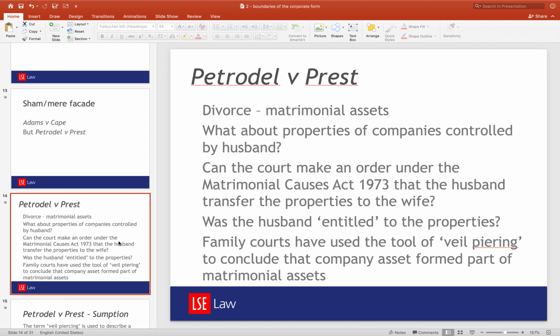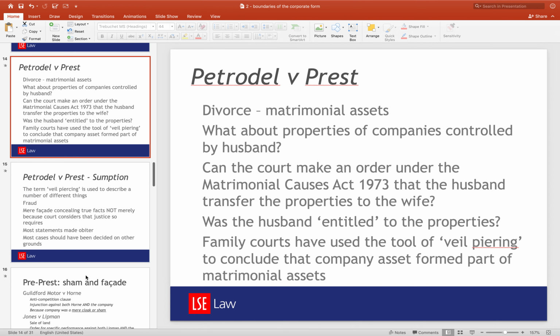And for that to be the case, the wife had to show that the husband was entitled to the properties. And the family court said, yes, he was, because of veil piercing. He was sort of an owner of those properties, and therefore these assets form part of the matrimonial estate.